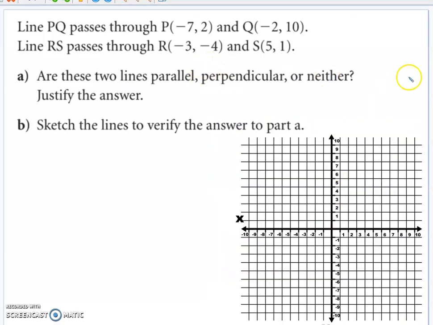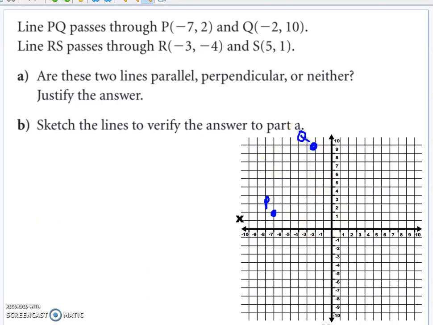Let's try out a question. We have the line PQ here, and then also the line RS. We want to know, are they parallel, perpendicular, or are they neither? So are they just two lines with no relationship? So let's draw them out. P is -7 and 2, and Q is -2 and 10.